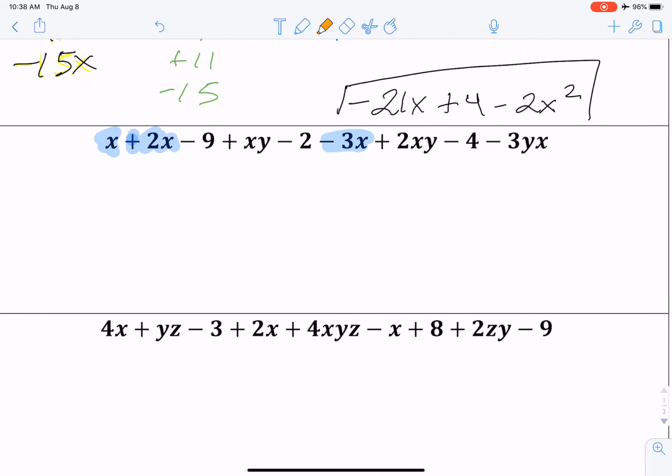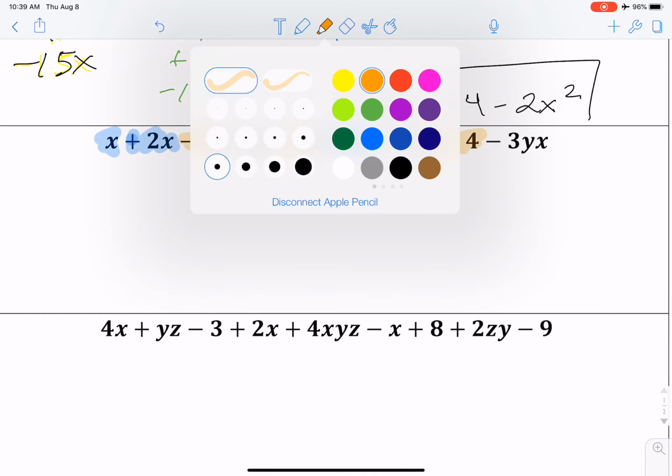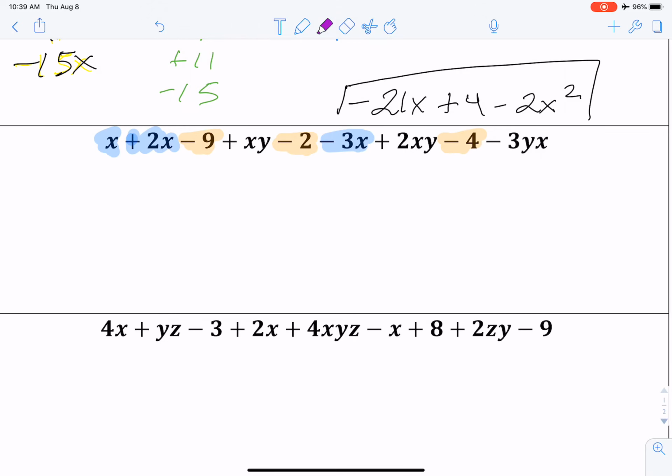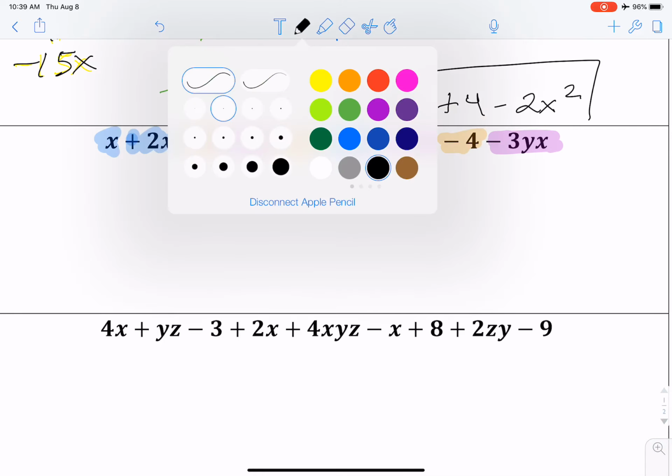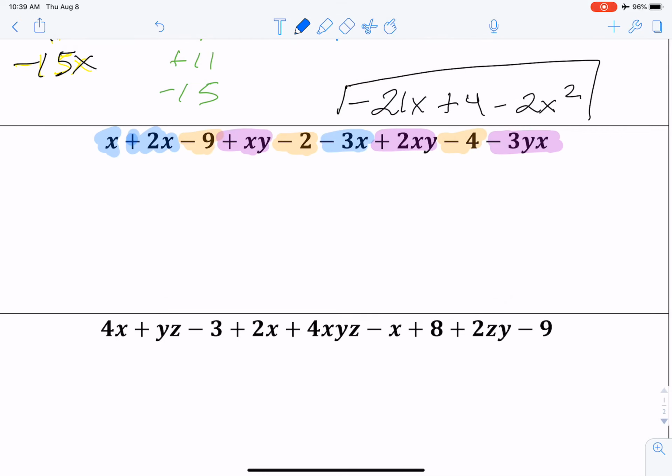Our next term, let's do the negative 9, the negative 2, and the negative 4. And then next, our xy term, so anything that has an xy. So then we have the 2xy and the negative 3xy. And just like above, we're going to add or subtract all those terms together.